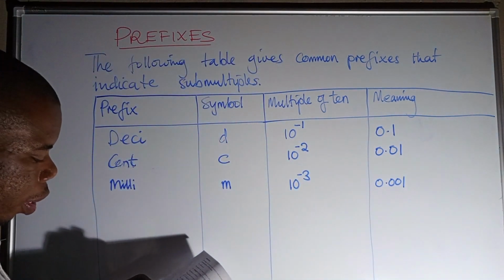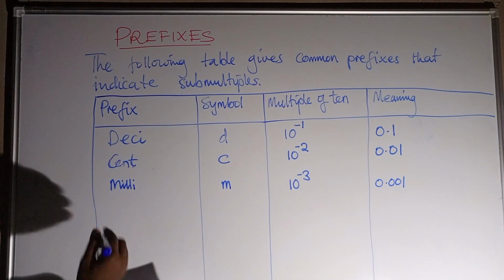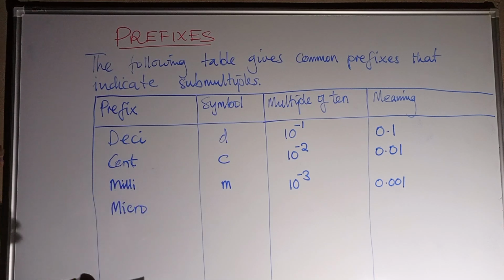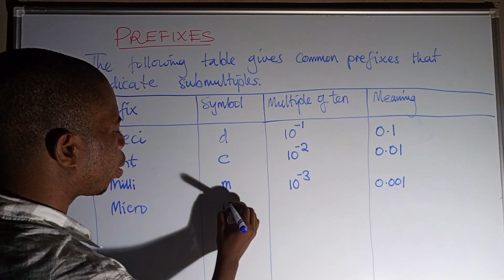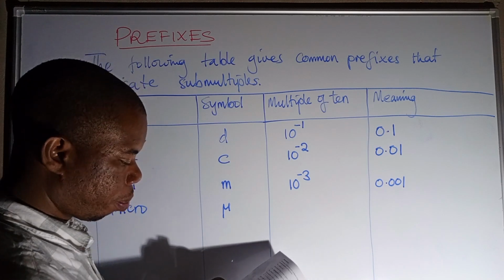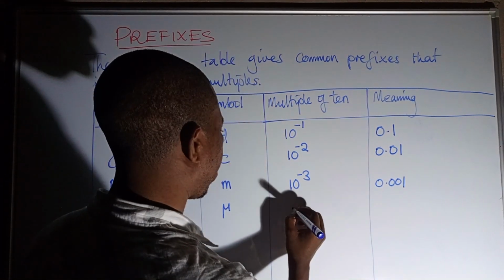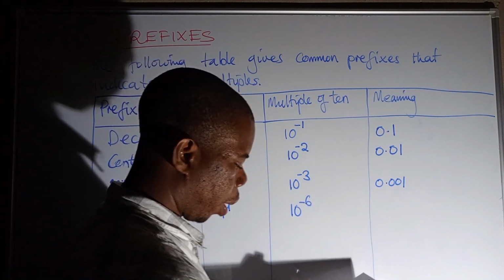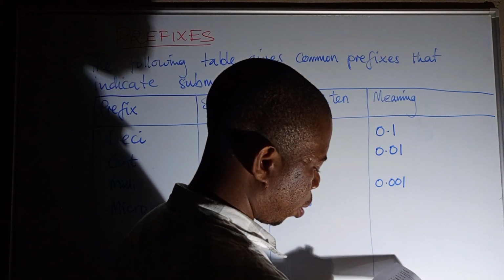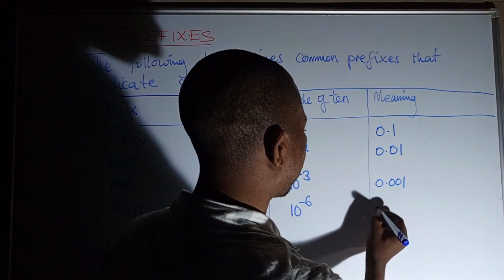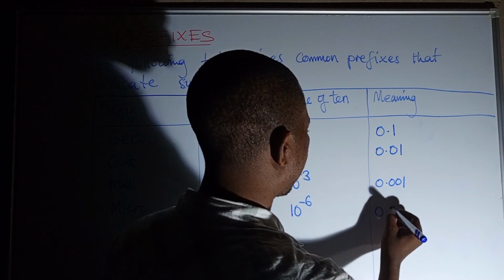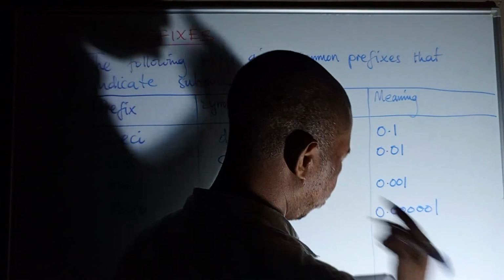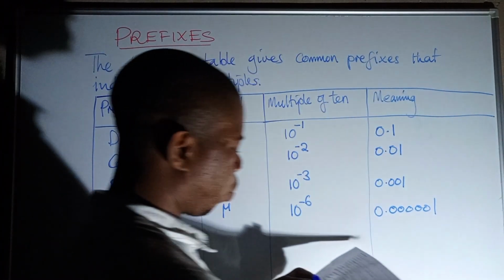Then another one is micro, represented by this symbol here, which stands for 10 to the power negative 6, which means 0.000001. That's what that one means.